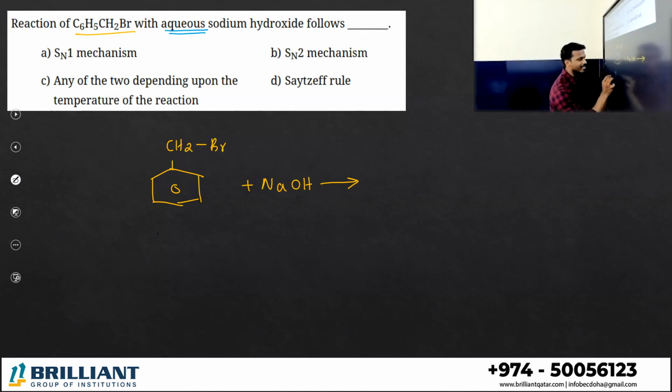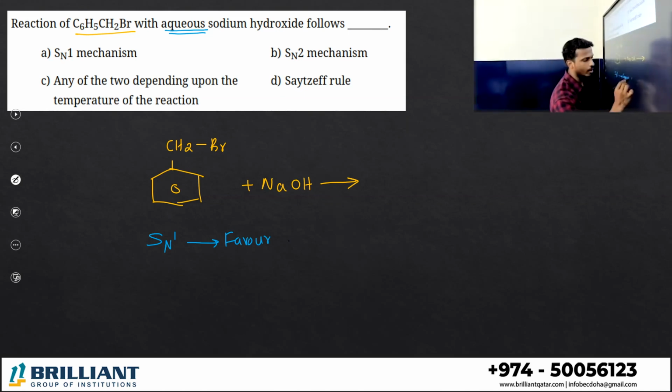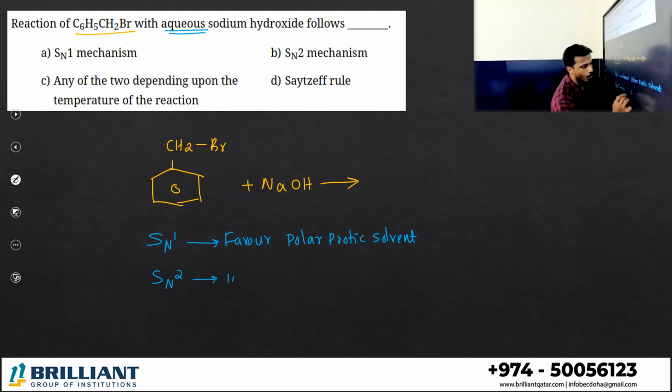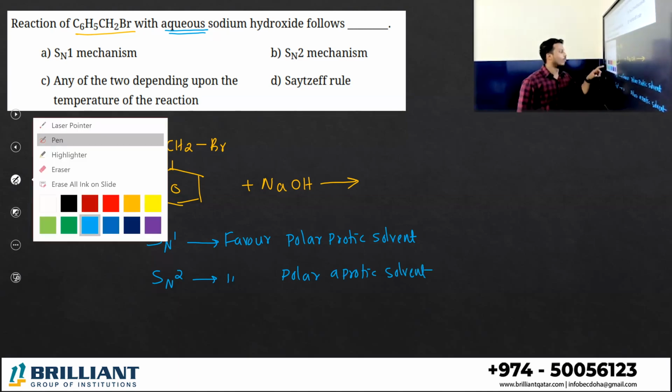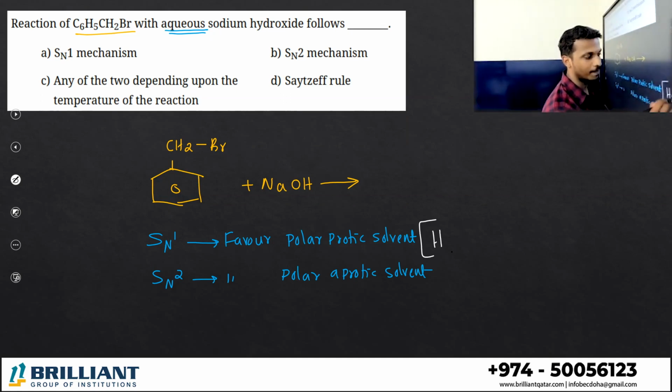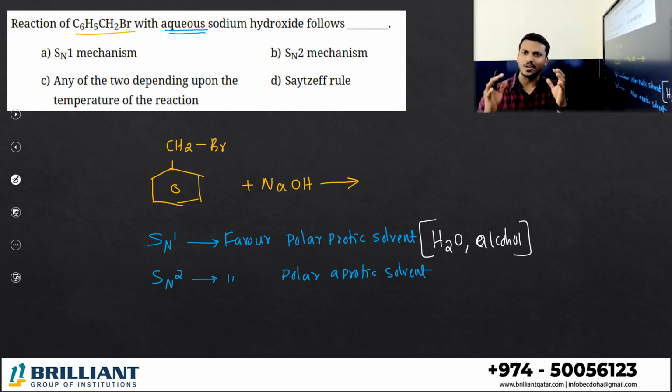You studied that the SN1 mechanism takes place more in polar protic solvents, whereas the SN2 mechanism favors polar aprotic solvents. What are polar protic solvents? Examples are water, alcohols, ethanol, methanol, etc. If water or alcohol medium is given, you can prefer the SN1 mechanism.